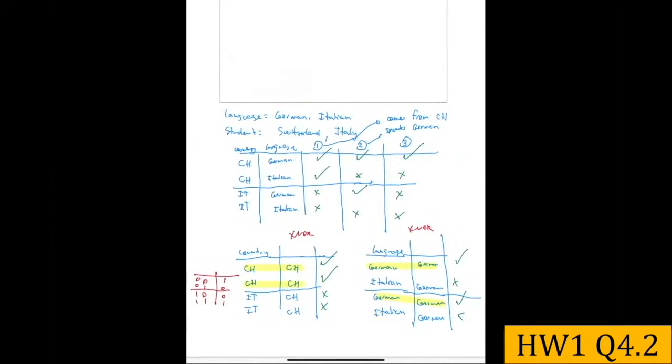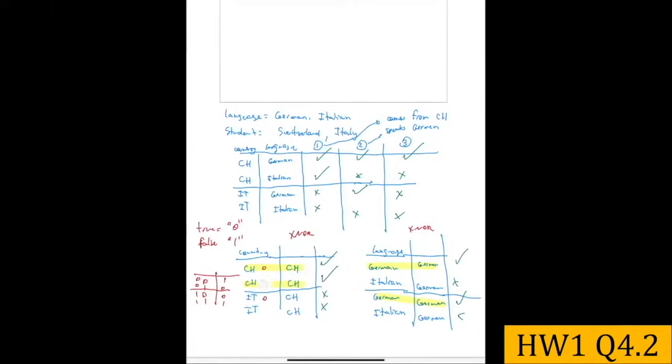If you assume that true is going to be encoded with 0, and false is going to be encoded with 1, and then let's say that Switzerland is encoded with 0, and Italy is encoded with 1.